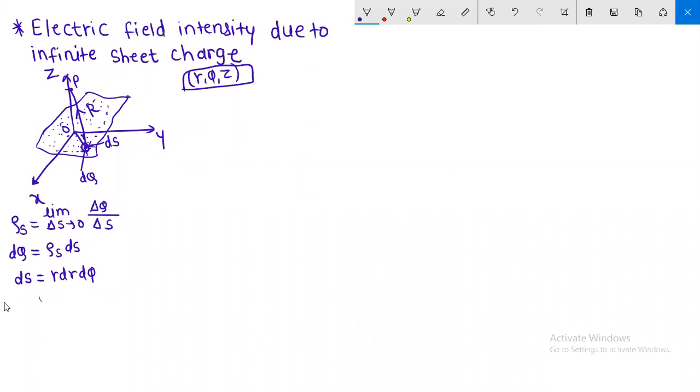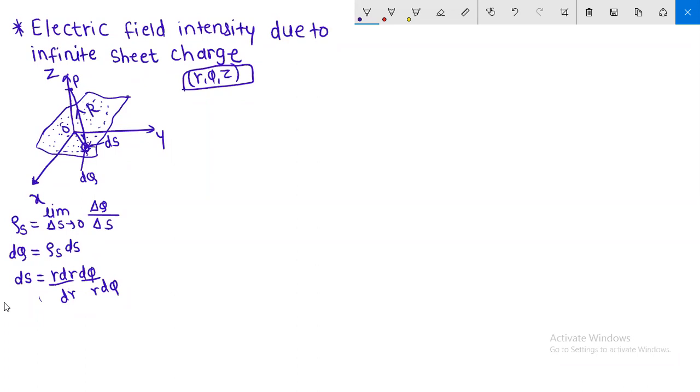Is it dr into r d phi, or r dr into r d phi? Yes, dr into r d phi, correct. And why is dz not there? Yes, z is constant, because we are placing this sheet only in the x and y plane. That's why it is r dr d phi.